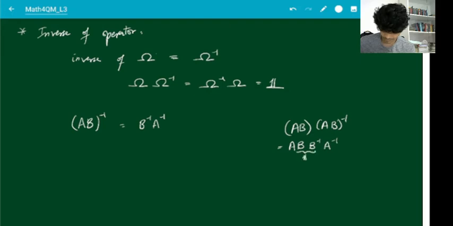B B inverse is identity, so A identity A inverse is just A A inverse, which gives you identity. Therefore (AB) inverse has to be B inverse A inverse.